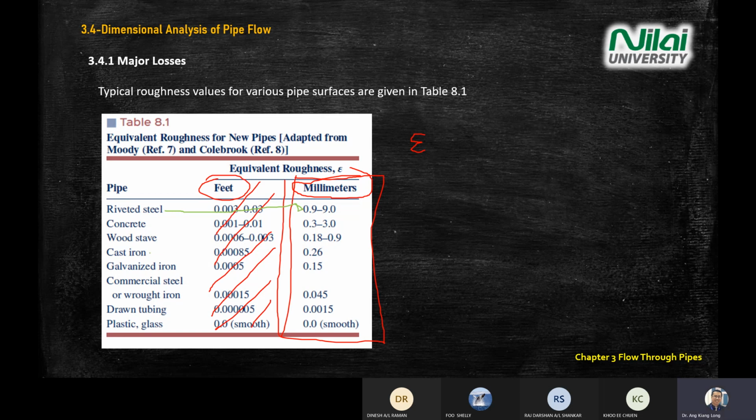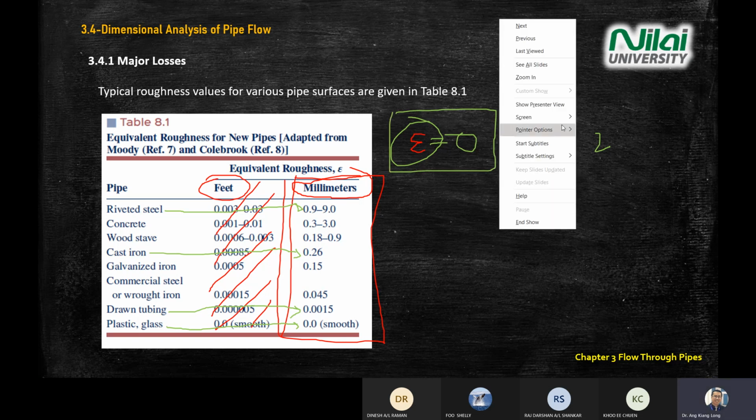If the exam uses cast iron, you use 0.26 for equivalent roughness. If the question asks using drawn tubing, you use 0.0015 for equivalent roughness. If the question asks about plastic or glass, you use 0. In your answer, you write equivalent roughness, small e, epsilon, 0, and you will score 1 to 2 marks. Just this simple answer.